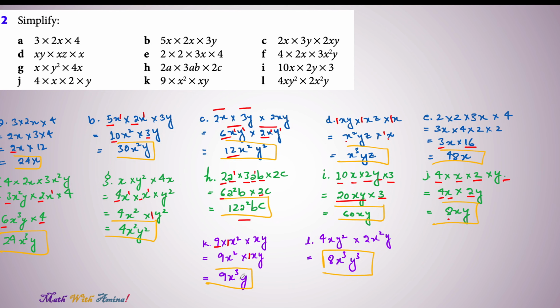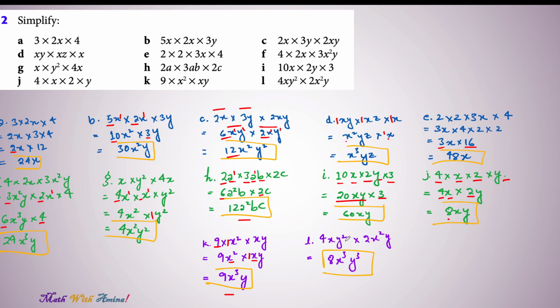So in here, as you can see, the power of x is 2, in here the power of x is 1, so when doing the multiplication of the variable, their powers are added, so 2 plus 1 is equal to 3, and the final simplified form would be 9x cubed y.